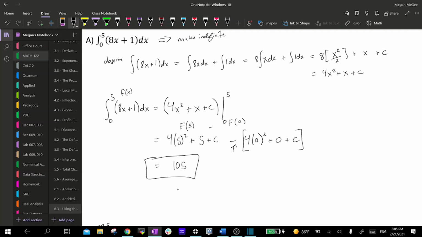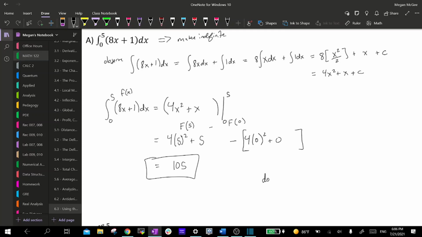But notice it would be minus c, so it would turn into subtraction. So the c's would end up canceling each other out. This is why I didn't need to include c in the first place. This will be this way for every calculation like this that you do. So we don't need to include c when we are looking for a definite integral.